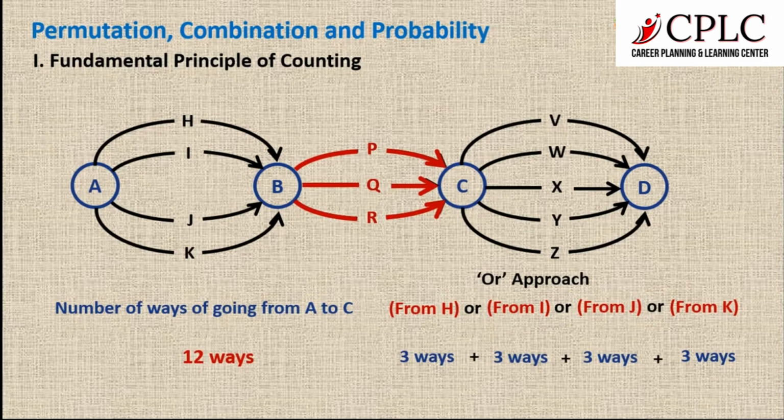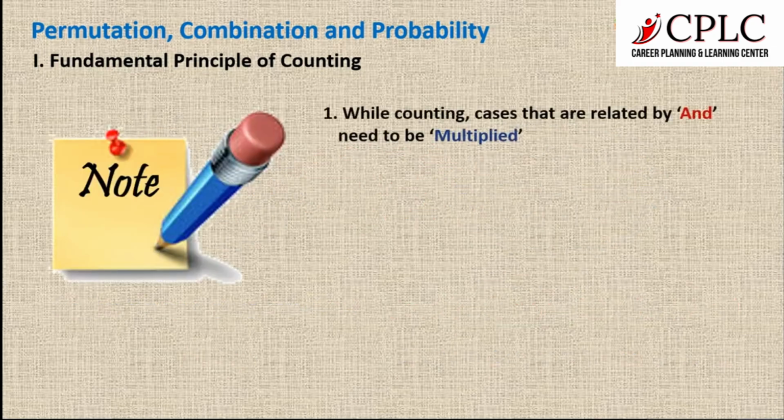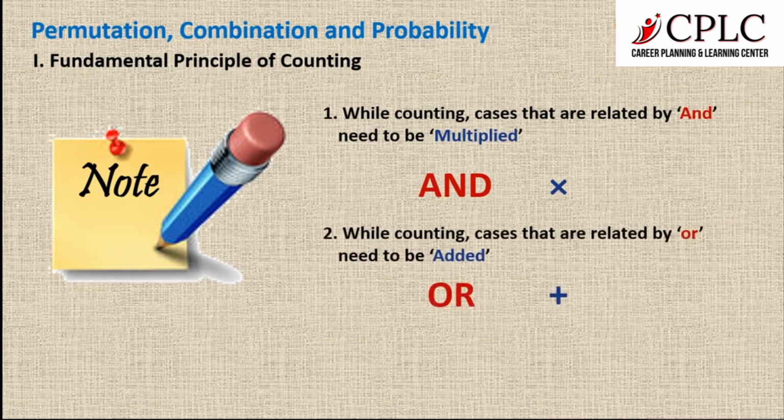So if you realize this particular example, what we can generalize is that whenever the word AND is used, you are going to multiply, and whenever the word OR is used, you are going to add the cases. That is the fundamental rule that you are going to use throughout this entire topic of permutation combination.